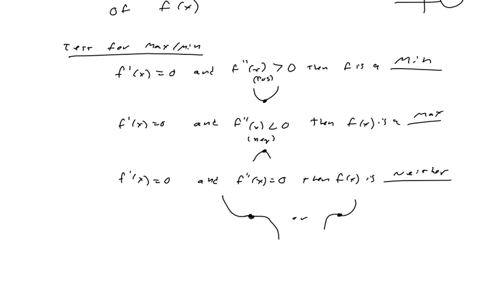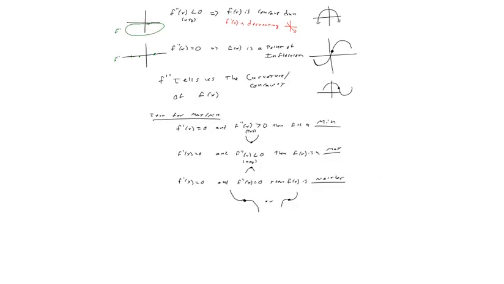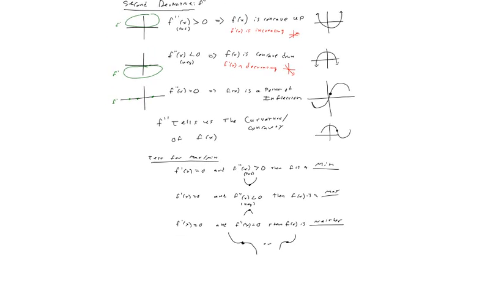So we can use this information now to figure out the shape of a graph from its curvature, from the information given in the derivative and the second derivative. We can use this information to determine shapes of graphs, given maybe the function.